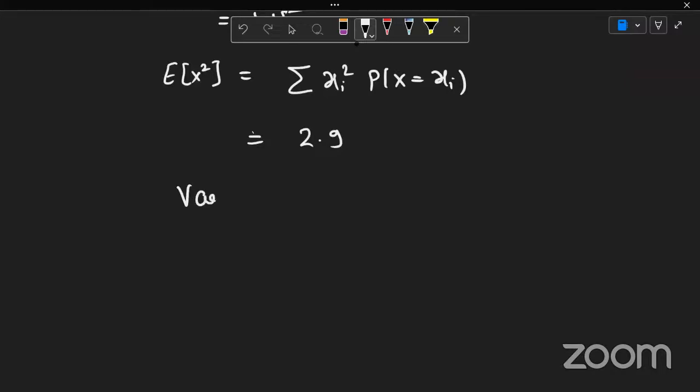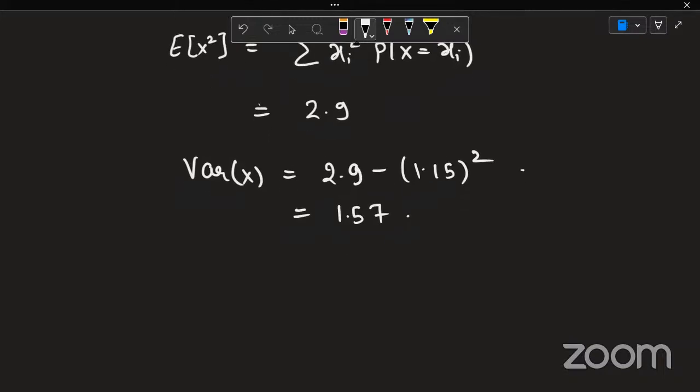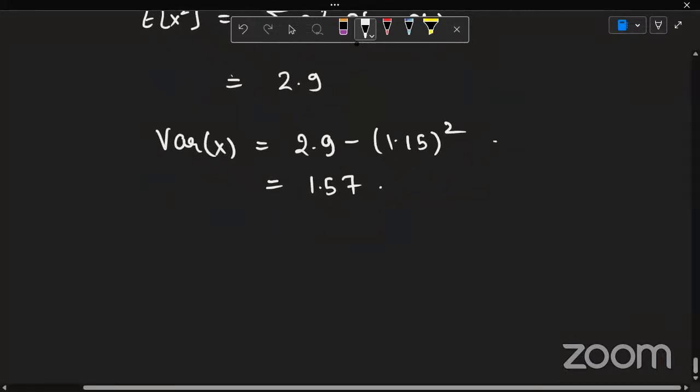So then variance of x, you can have some 2.9 minus 1.15 square, and it will come out to something like 1.57. And then you just put these values into variance of y.